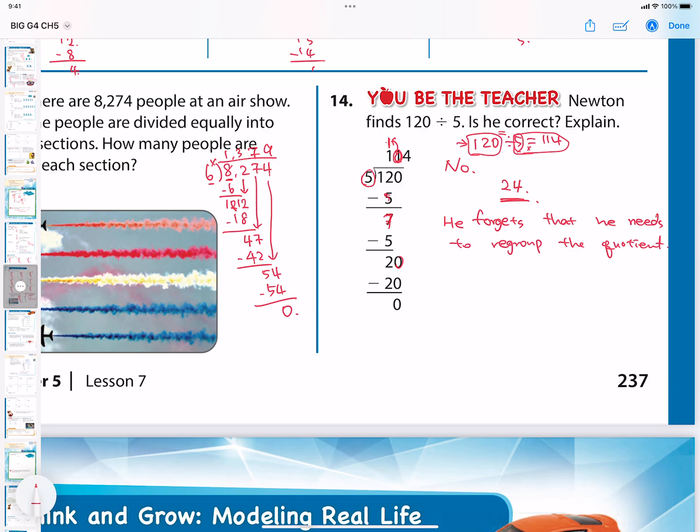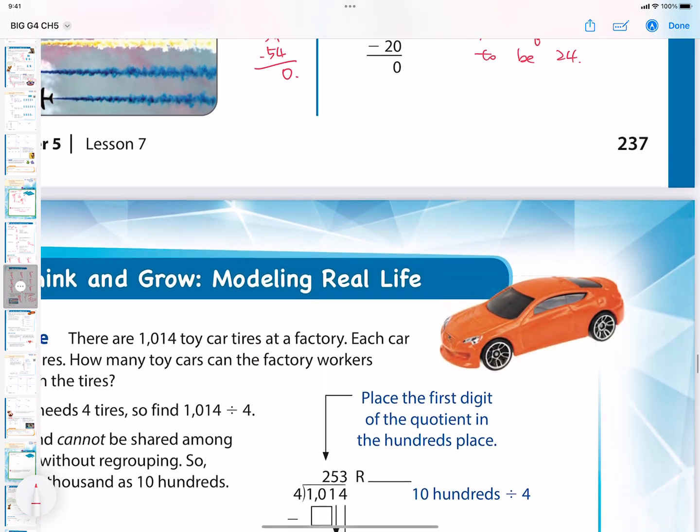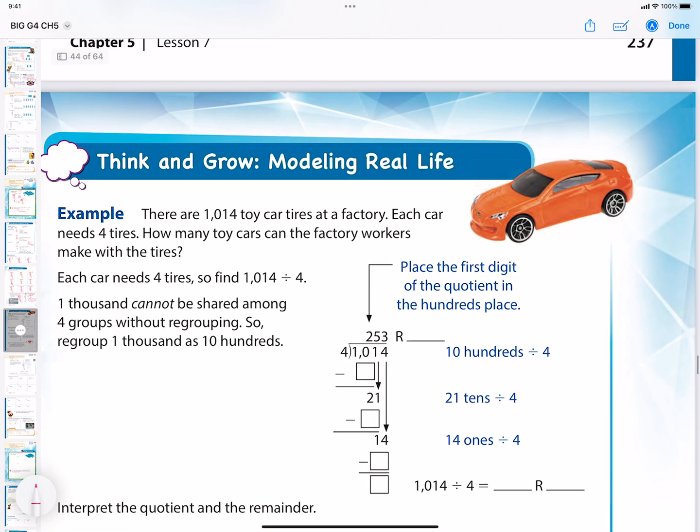Okay, so the quotient needs to be 24. Okay, that was it. All right, last page, guys.